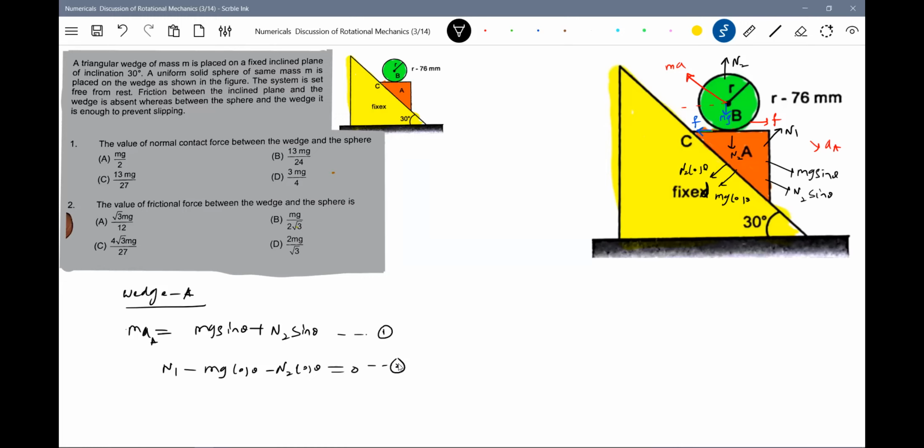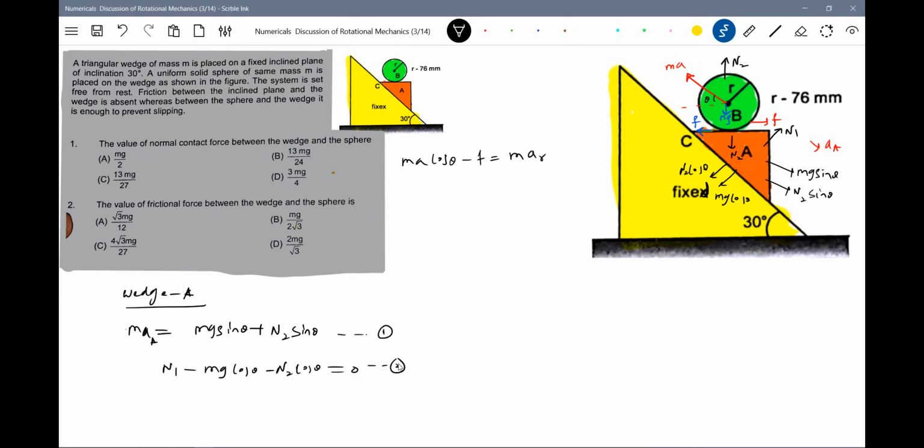Then on the cylinder, on the uniform solid sphere, what equations can we write here? The equation we can write here is F plus, so here MA cos theta minus F equal to M AR.